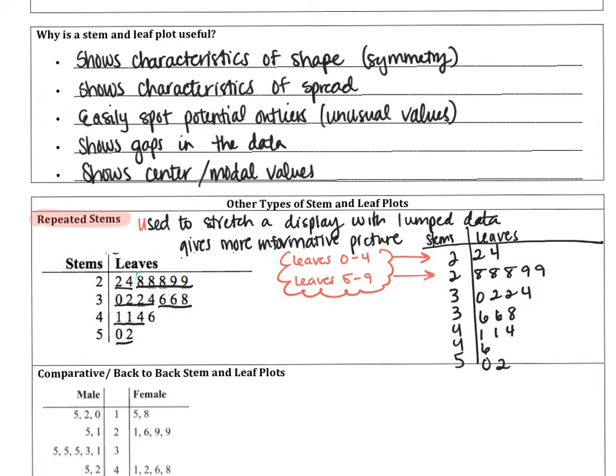So this may or may not support our idea about the shape. We see that it's not as dramatically skewed as it seems to be over here, but we still do have some skew.